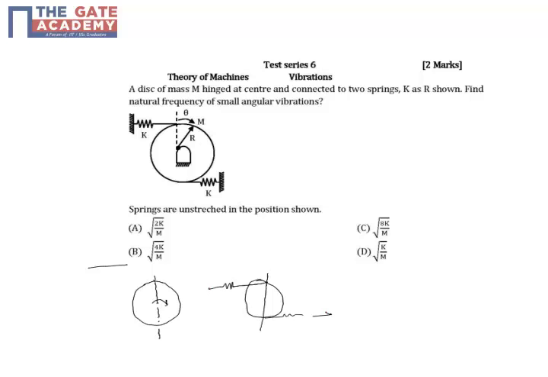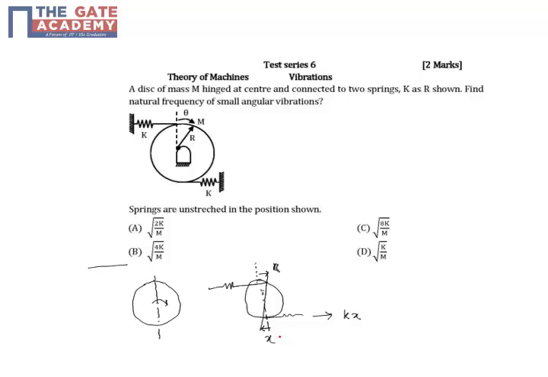So the spring force is nothing but kx. Let me draw a vertical here, this movement is x, the spring movement at the top as well as at the bottom. So at the top the spring is stretched, at the bottom also the spring is stretched by x.